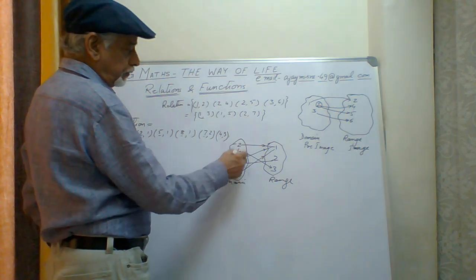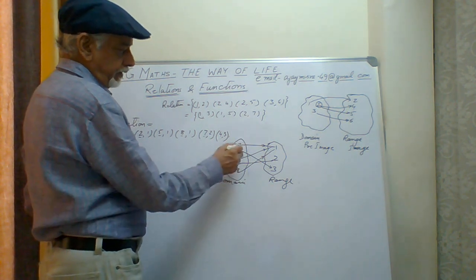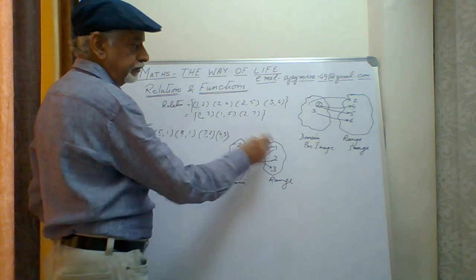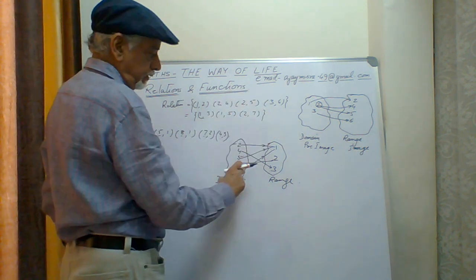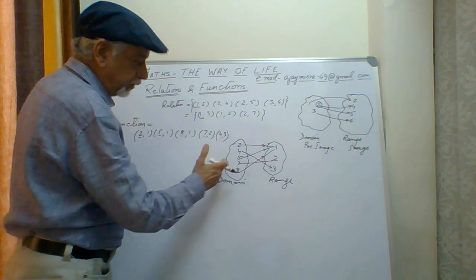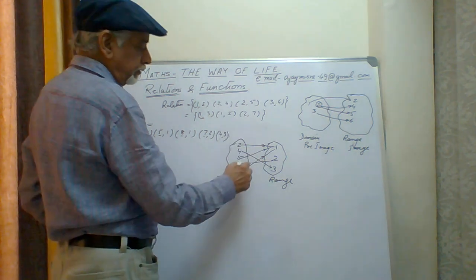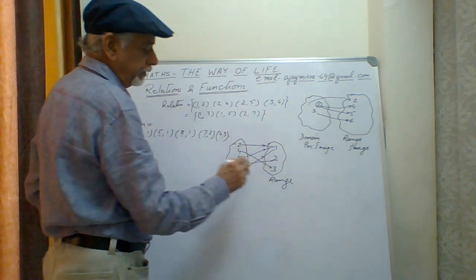Here, more than one element of the domain can have only one image. Similarly, it can also be one-to-one. So more than one pre-image will have one image.